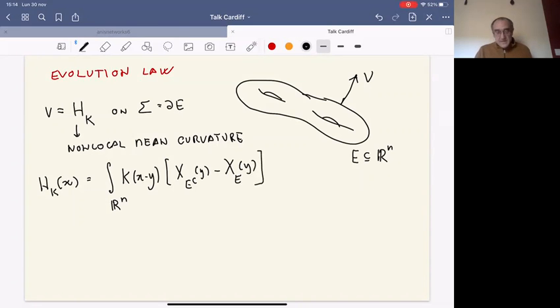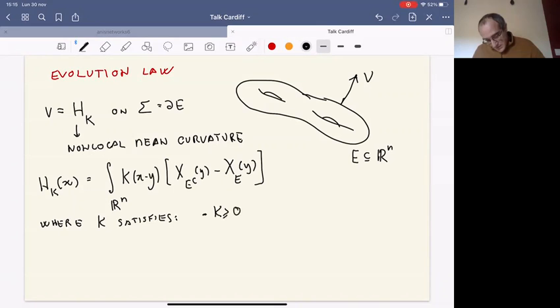Now I write it in this way only because I want to be a little bit more general. Of course, I could have written this as the integral of K on the complementary minus the integral of K over E. Let me write it in this way because I want to allow that K satisfies some properties, which are basically, okay, I want a positive kernel.